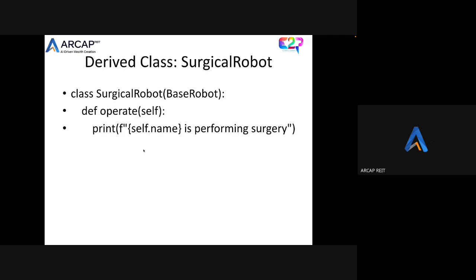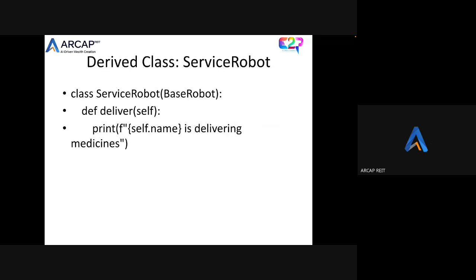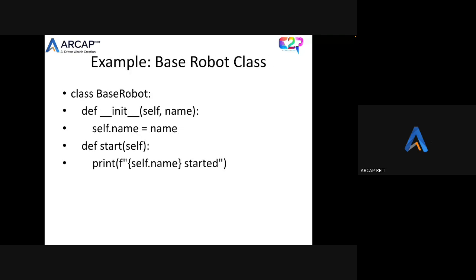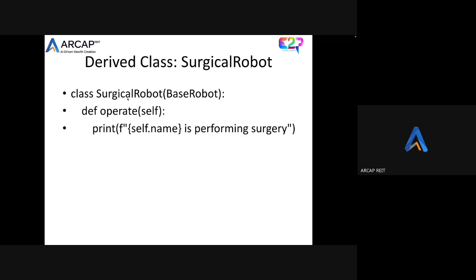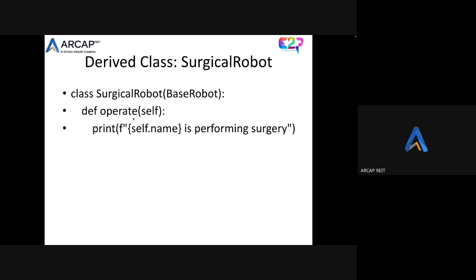So you can see class surgical robot. Here we are sending the base robot. Base robot is a class, right? The class name that we are sending as a signature. Here we are adding the new method called operate.